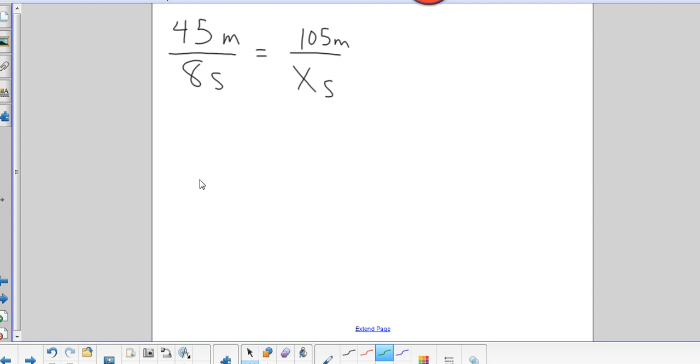So taking a look at this one, I've got 45 meters in 8 seconds as a rate, and I want to know how many seconds it would take to go 105 meters. Does 45 go into 105? Well, it does, but not evenly.